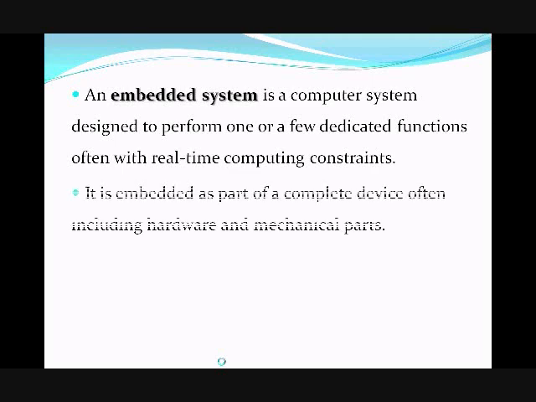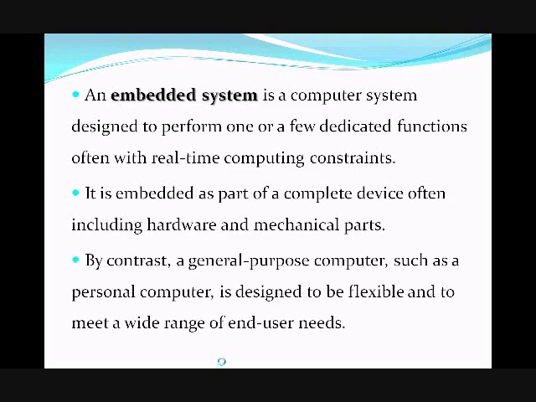Now let's discuss the relationship between real-time systems and embedded systems. First of all, real-time systems are quite closely related to embedded systems. Let's see what an embedded system is.